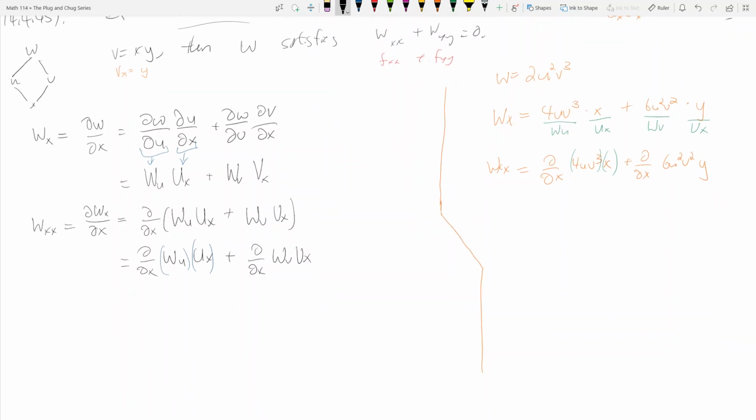And so what does that look like? Well, that's equal to u sub x times the derivative with respect to x of w sub u, plus w sub u times the derivative with respect to x of u sub x, right? So this guy becomes all of this by the product rule.